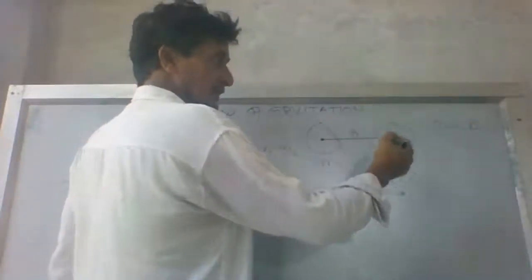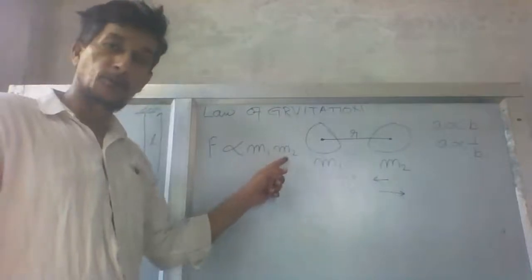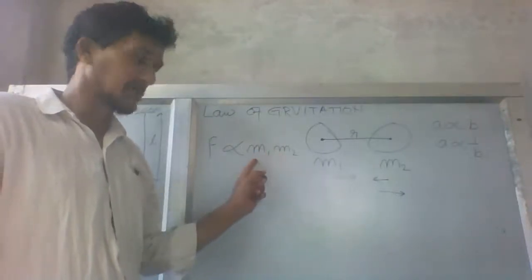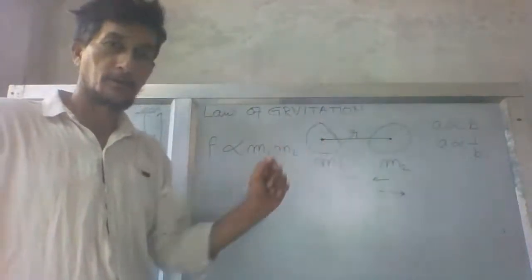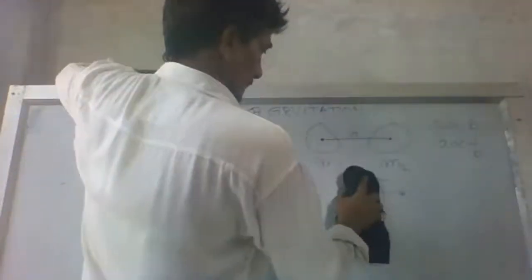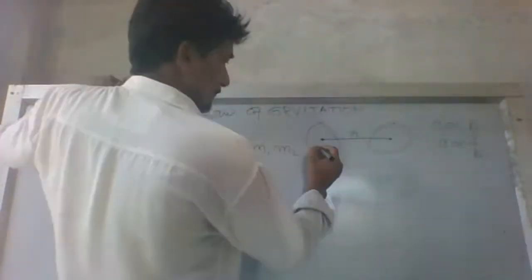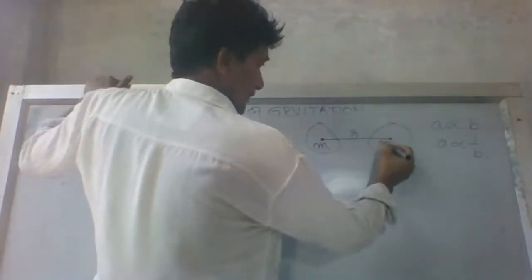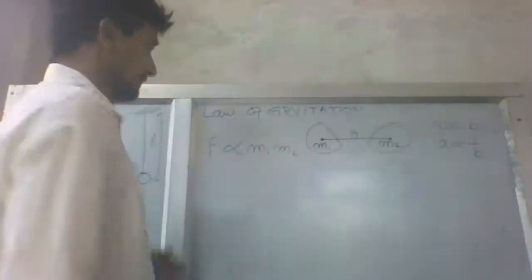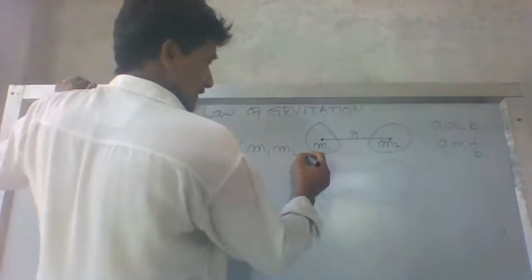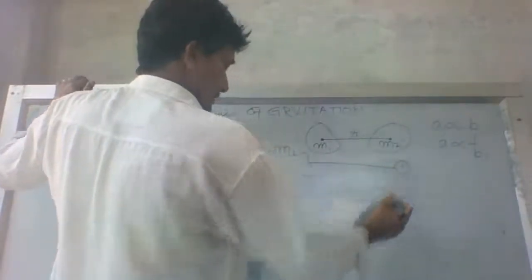F is proportional to m1 into m2, the product of the masses of both the objects. How will you write it? Now I am rubbing it out and writing within it m1, m2. These are the masses of the bodies. This is equation number 1.